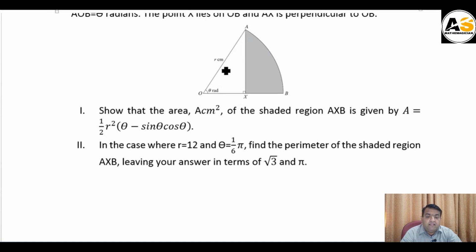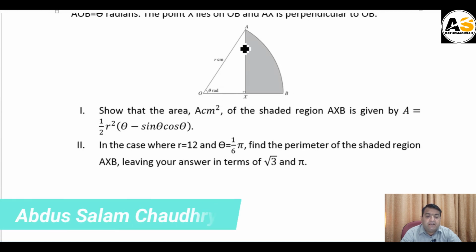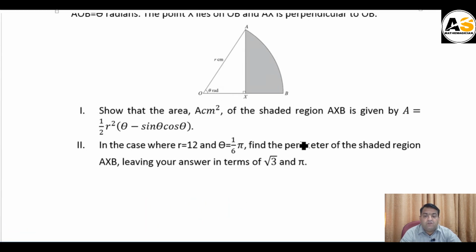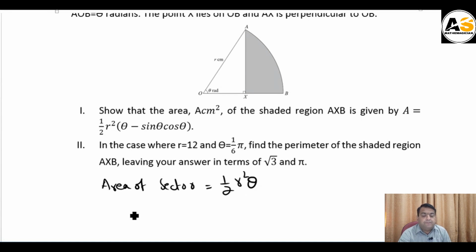How will we calculate the area of the shaded region? Area of the shaded region will be calculated by subtracting the area of this triangle OAX from the area of the sector. Area of sector is very simple. Area of sector is equal to 1 by 2 r square theta. To find the area of the triangle, we need to know its base and its height.